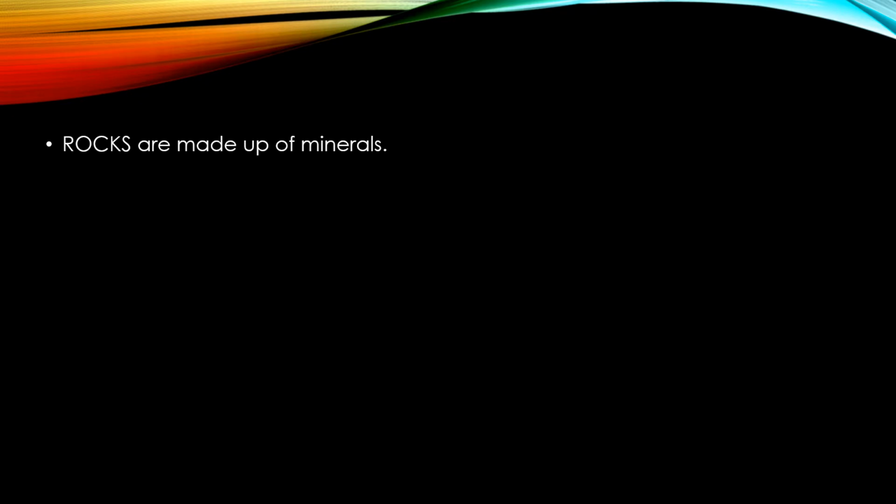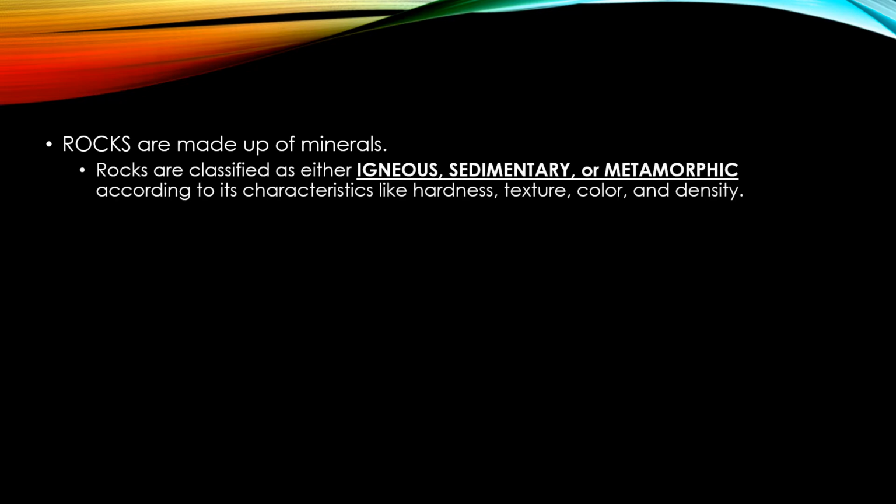And rocks also are made up of minerals, made up of magma. So rocks are classified as either igneous, sedimentary, or metamorphic according to its characteristics like hardness, texture, color, and density.